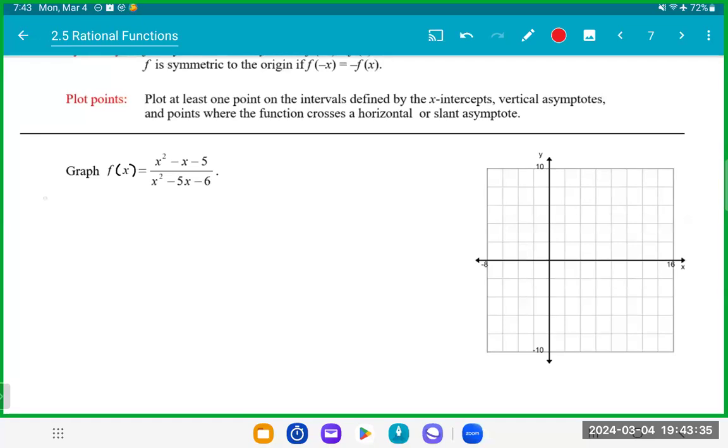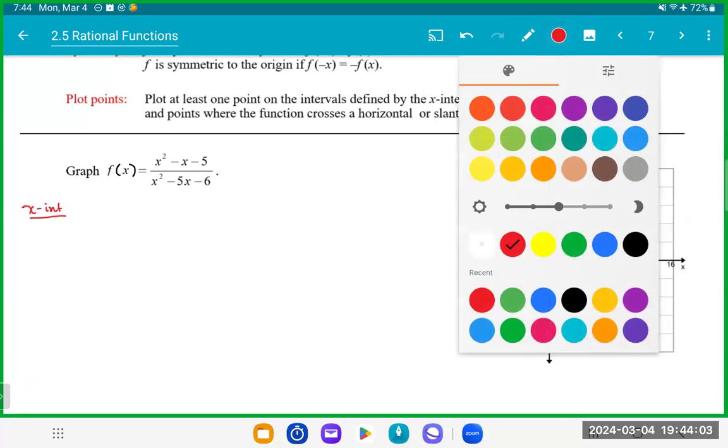Okay, so let's start with our x-intercept. And so remember our x-intercept, we're going to just take our numerator and let's factor that out. Let me do one little change.